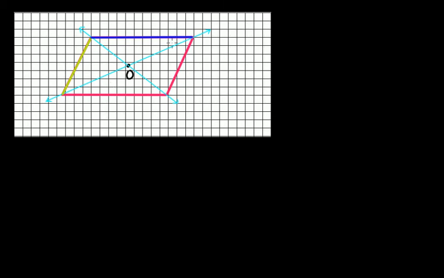So now I'm going to remove one of these axes. So I have removed this one, and now I'm going to rotate this rhombus around this point of rotation, that is O. What's O? The O is the point of intersection of the two axes.